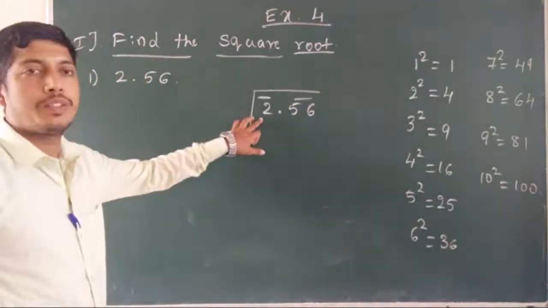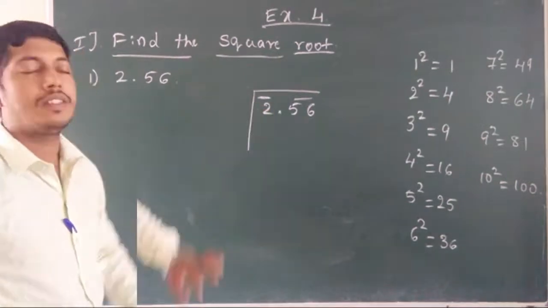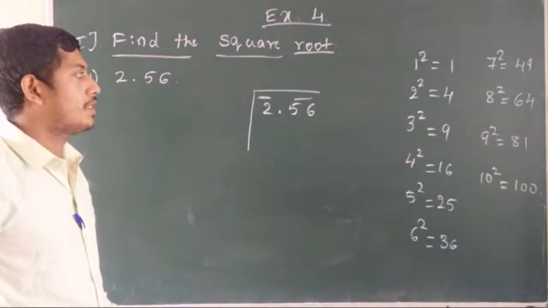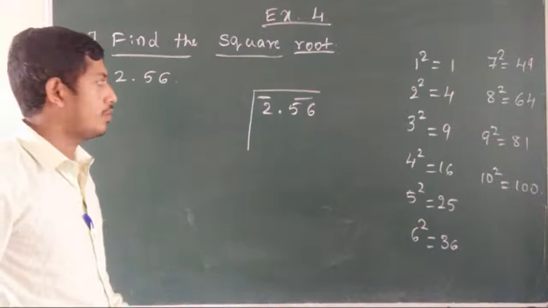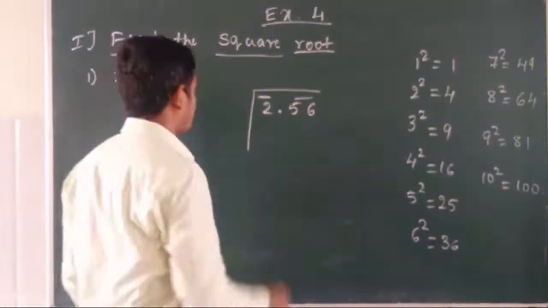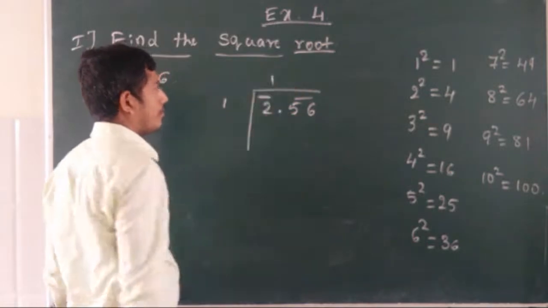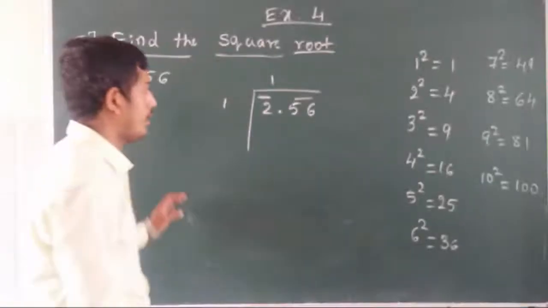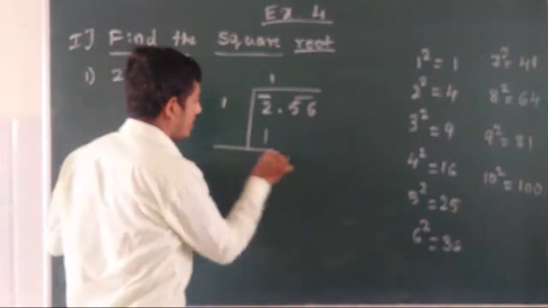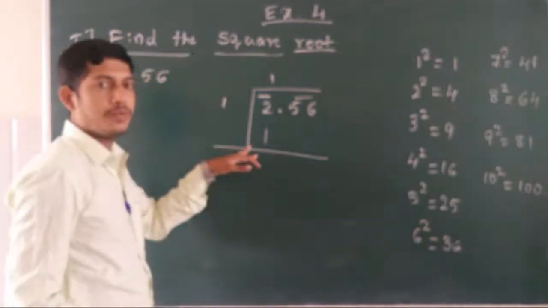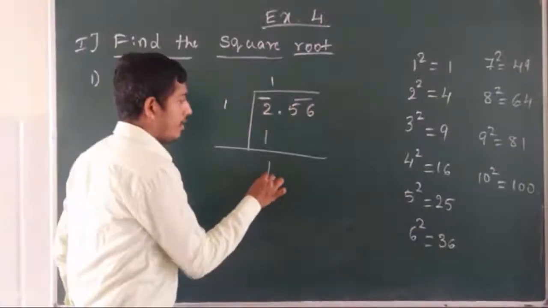Now the first pair is 2. I have to find the term whose value is less than or equal to it. 1 square is 1. What is remaining here? 2 minus 1, 1.